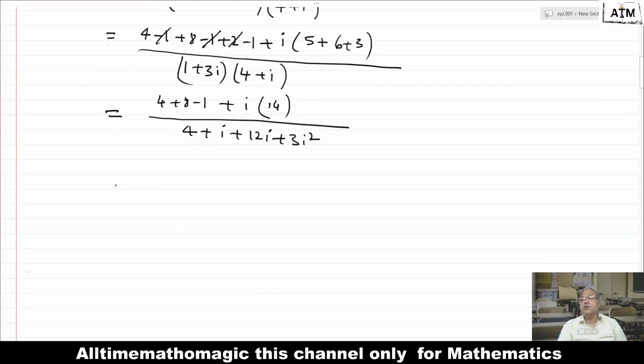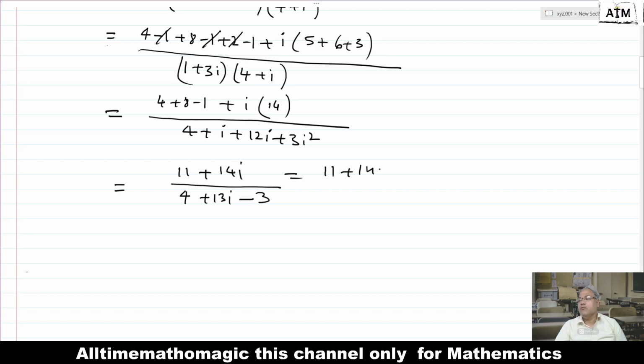So that is equals to 11 plus 14i upon 4 plus 13i minus 3, equals 11 plus 14i upon 1 plus 13i.